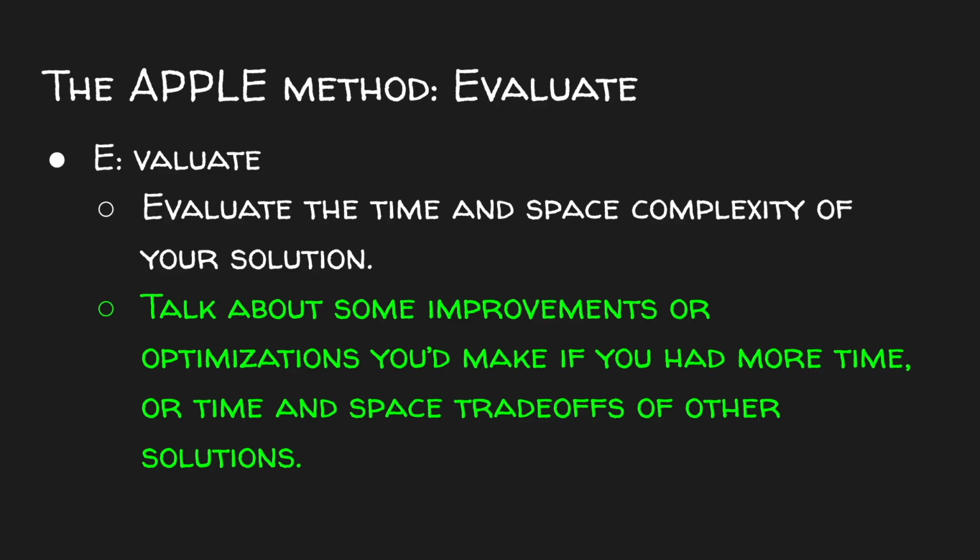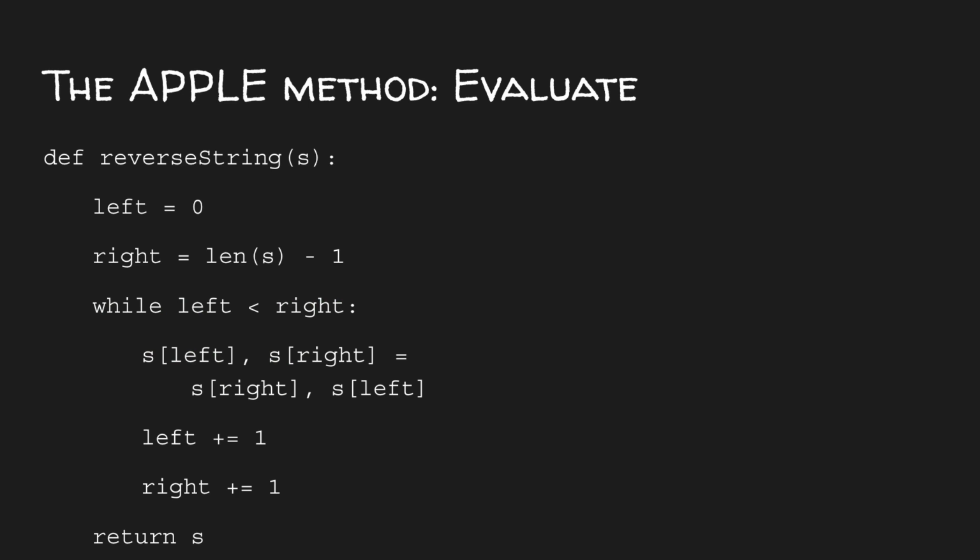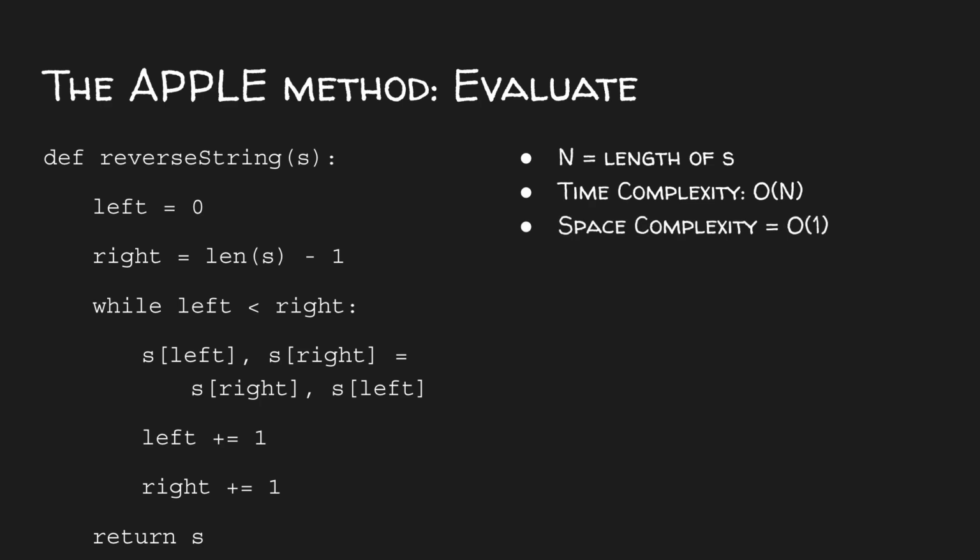For our problem, if n is the length of the input array S, then the time complexity is O of n, or linear, because we are touching each character once when swapping it. And the space complexity is O of 1, or constant, since we are only storing 2 indices at a time.